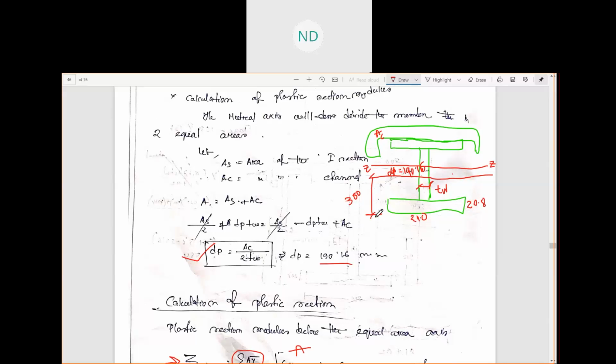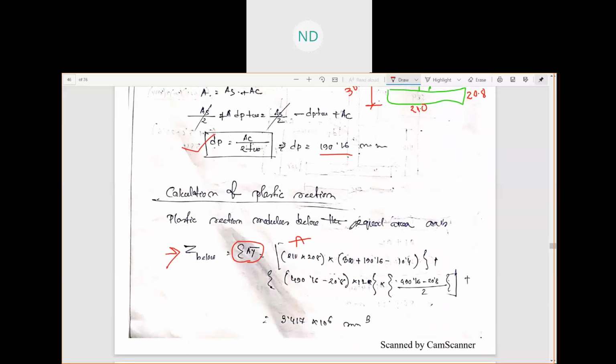So total from the bottom till this z axis will be 490.16.